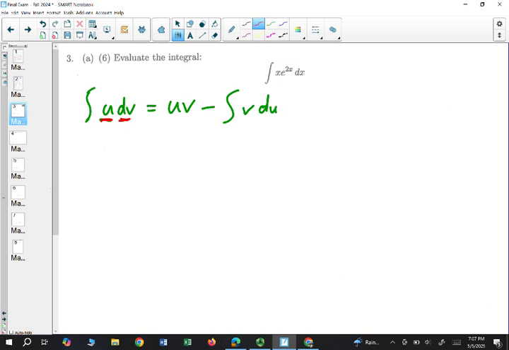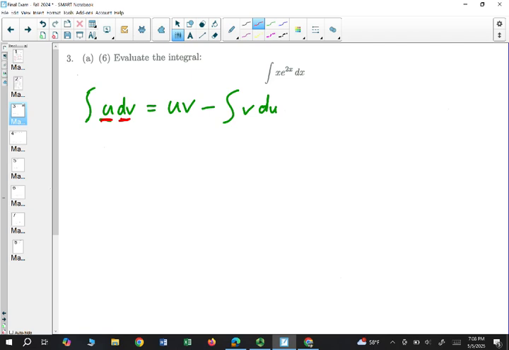So I typically tell my students that our u is going to be something that we could easily take the derivative of. And by taking the derivative, the expression ends up becoming a simpler degree expression as a result.